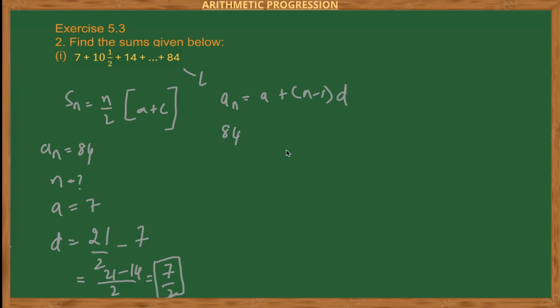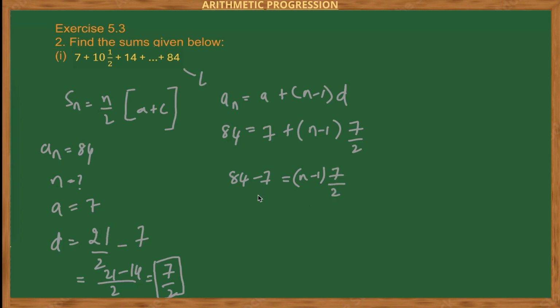We have got d. So let's try to put it here. Do we have a? Yes, 7 plus n. n is the one which we need to find. So n minus 1 into d. What is d here? d we found, 7 by 2. Okay. So let's bring this 7 outside. 84 minus 7 is equal to n minus 1 into 7 divided by 2.